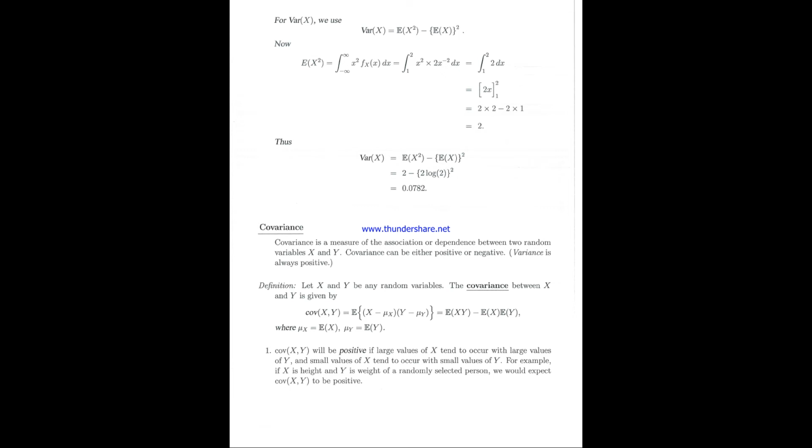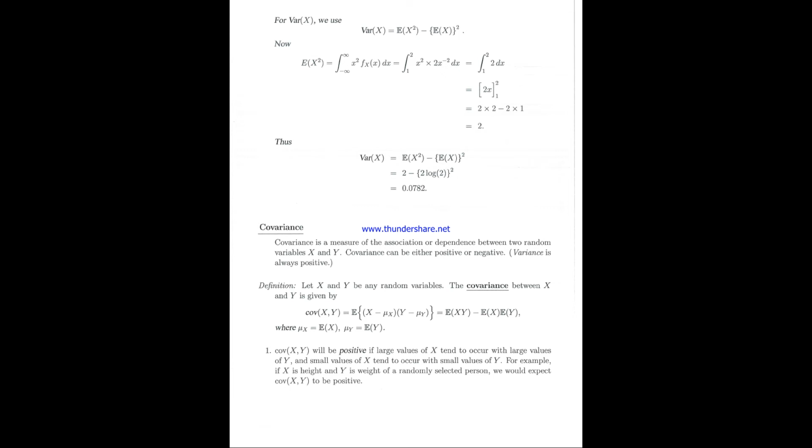You can remember that when you take the variance, since we are talking about the expectation of a squared value, it's always a positive number, it cannot be negative. But when it comes to covariance, since it's talking about the association between two random variables, it can be positive or negative. For the covariance, positive and negative figures both are possible.